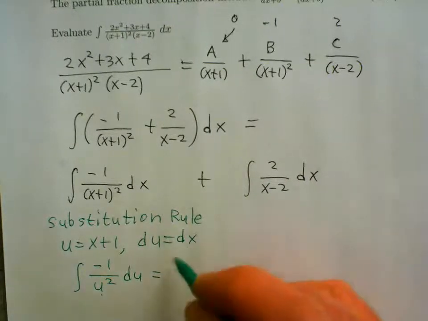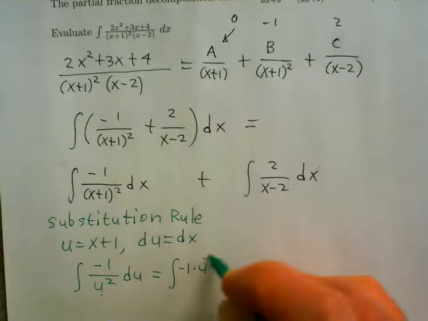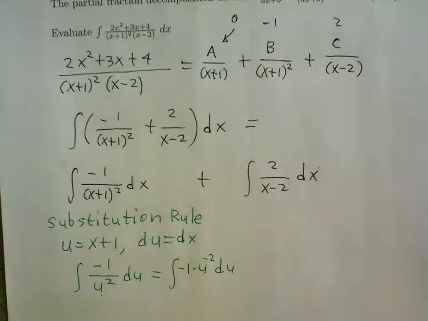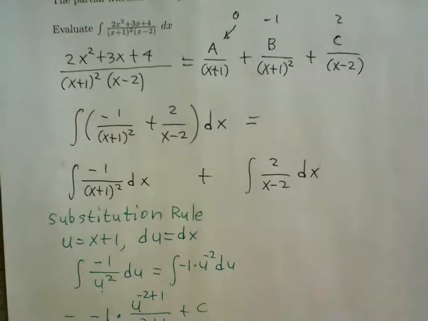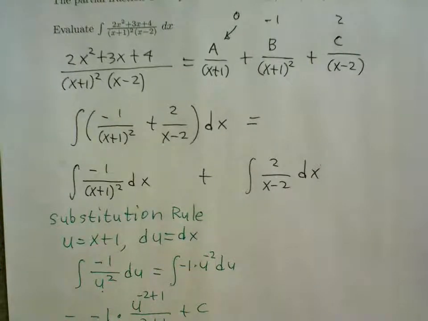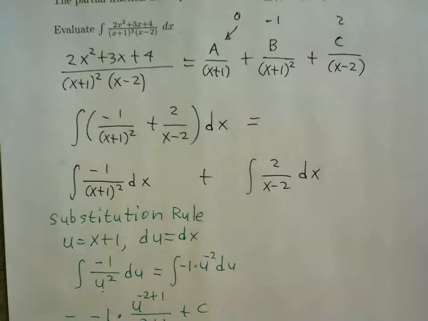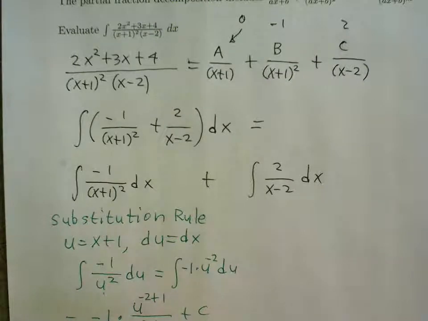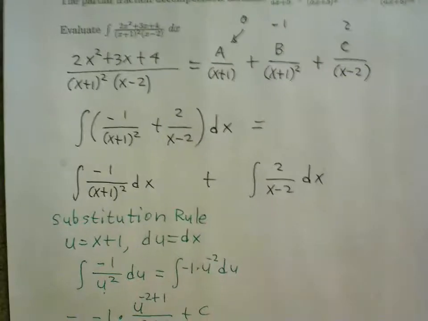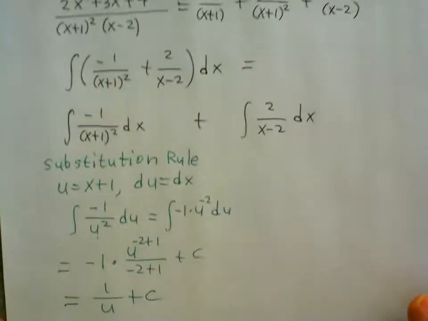You can take it a step further. You can write it as -1 times u to the -2 du. And then we get -1 times u to the -2 plus 1 divided by -2 plus 1. So -2 plus 1 is -1. -1 divided by -1 is +1. And u to the -1 is the same as 1 over u. Sorry, I'm off the screen.